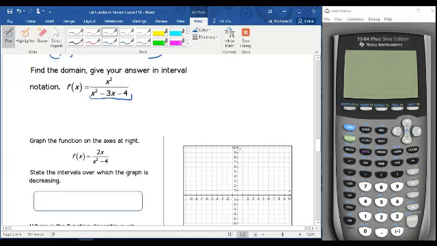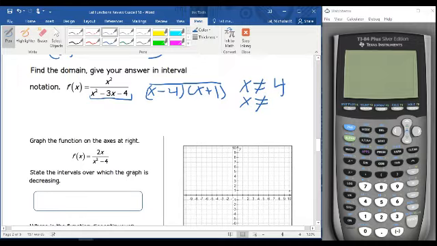When we factor this, we'll have x minus 4 and x plus 1 in the denominator, which means that x cannot equal positive 4, because if x was positive 4, 4 minus 4 is 0, and x cannot equal negative 1, because if x was negative 1, the denominator would be equal to 0. So x cannot equal 4, and x cannot equal negative 1.